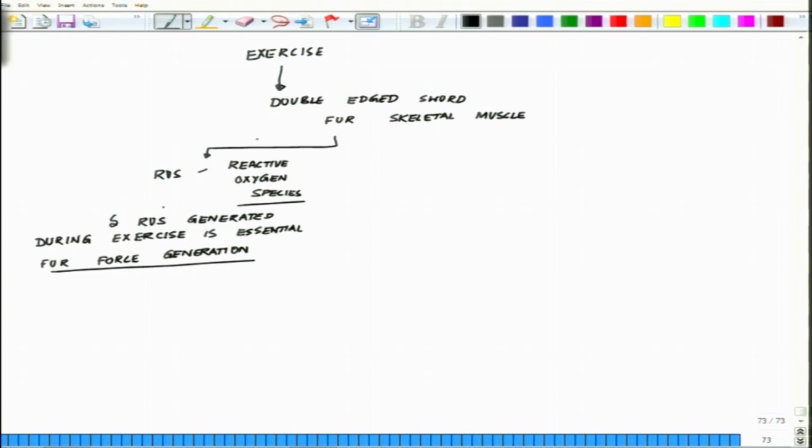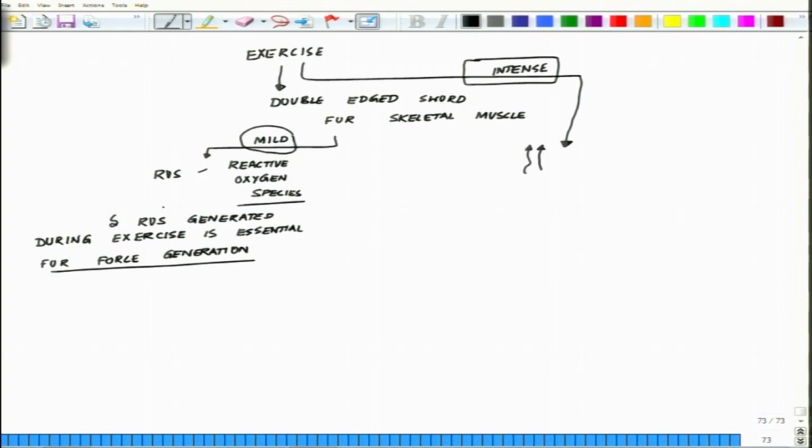Now here you are doing a mild exercise, okay. Suppose you are one of those who are doing very intense exercise. Now during intense exercise, a large quantity of ROS is being generated. Okay.